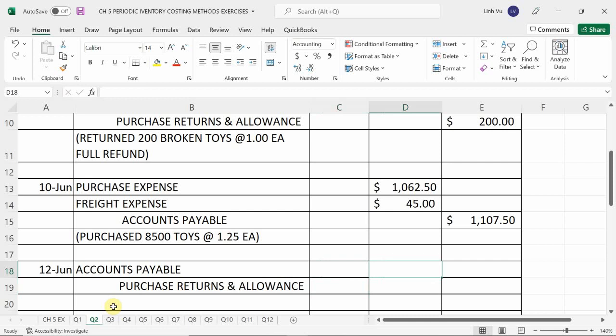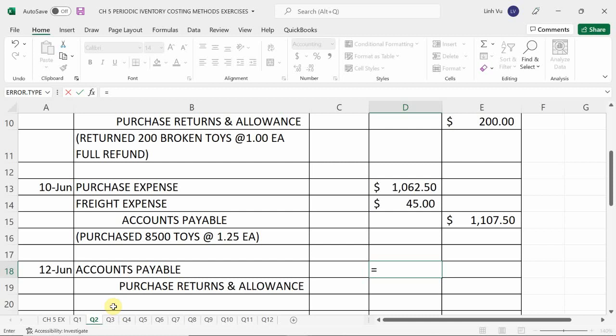Now in this case, I'm not getting all my money back. I'm only getting 20% of it back. And in this case, I can't be taking my whole entire amount. I can only take the amount that were wrong. I can only do 50 of those toys because the other 800 was correct.